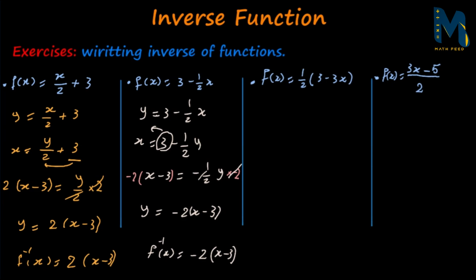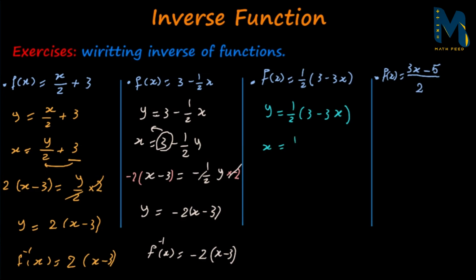The next one, we use the same operations all the time. We use the same ways for all of the equations because it works for all of the equations simply. So f(x) will be y equals 1 over 2 times (3 minus 3x).